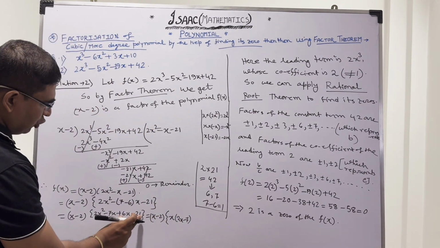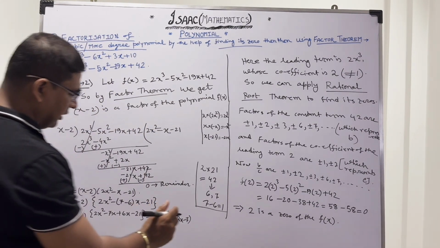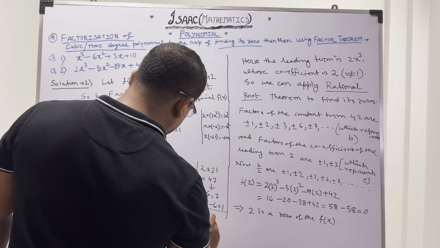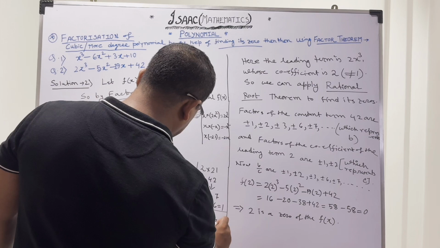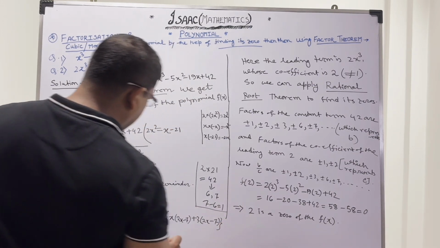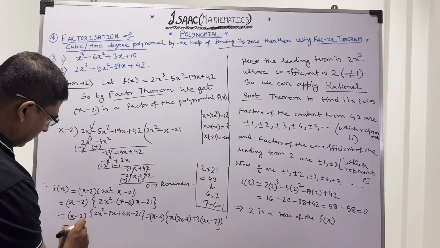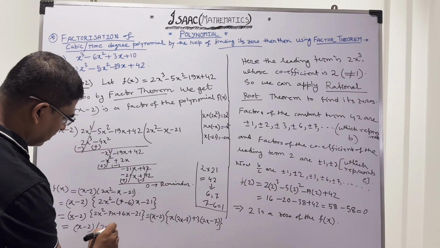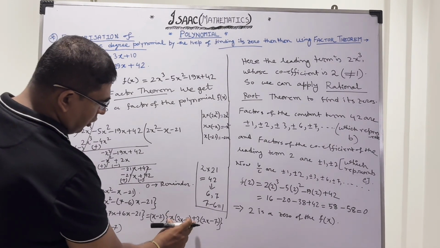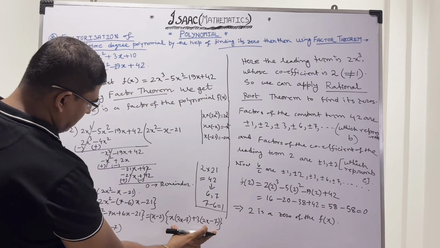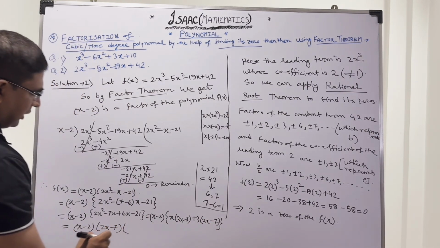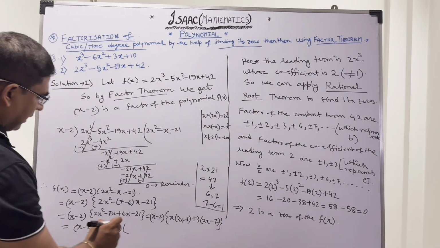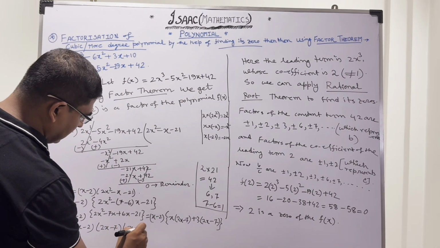And for the last two terms, 3 is the common factor, plus 3. After taking out plus 3 as a common factor, we have 2x minus 7 as the rest of the term. Thus 2x minus 7 is the common factor, and when we take it out, the rest of the term will be x plus 3.